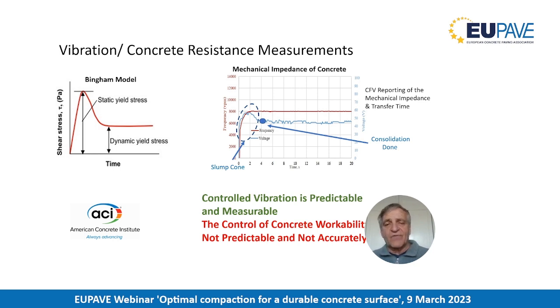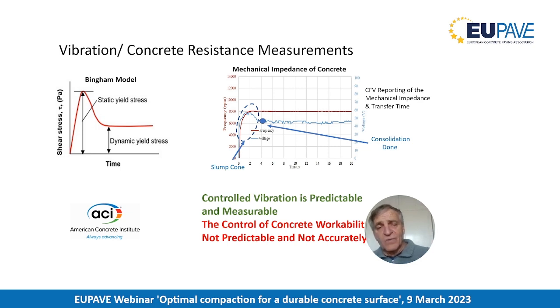Here's basically where slump cone is, in the static portion of shear stress, and the dynamic shear stress shows us exactly what that flow line looks like, and it's pretty consistent, and it fits as a model for dynamic yield stress. So that's why we go towards that V-Kelly measurement, because we're in that concrete, and this is time down here, we're in that concrete for a long period of time.